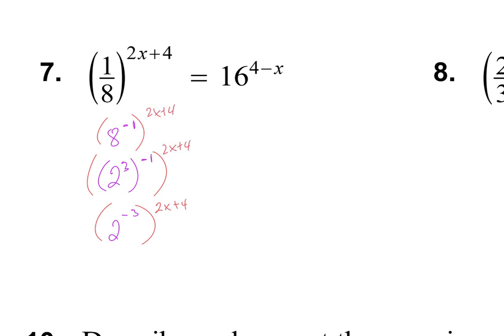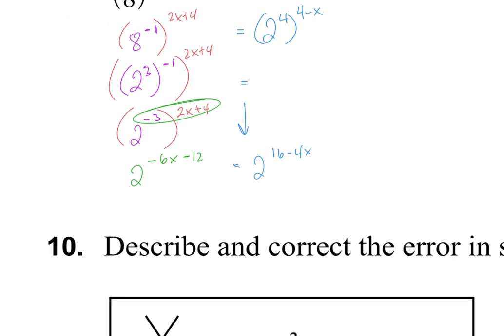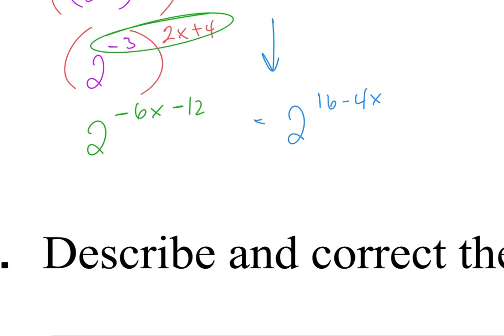Then you would multiply those powers, and you get 2 to the -6x minus 12 power. And that is equal to 2 to the 4th power to the 4 minus x power. And then that is 2 to the 16 minus 4x power. Now, we have the same bases.